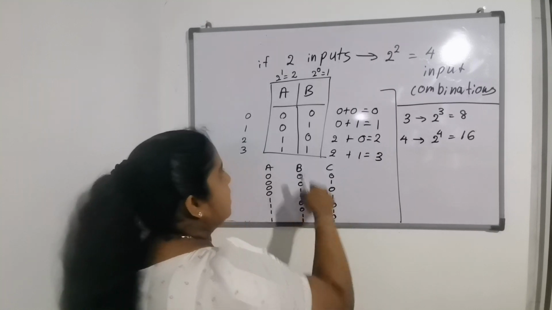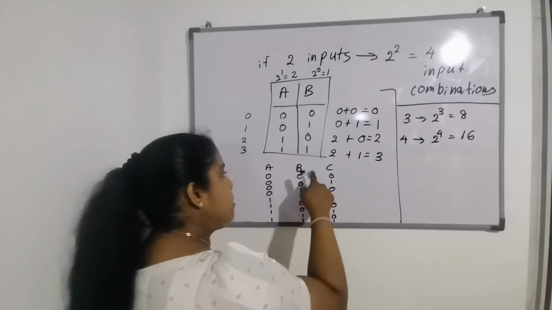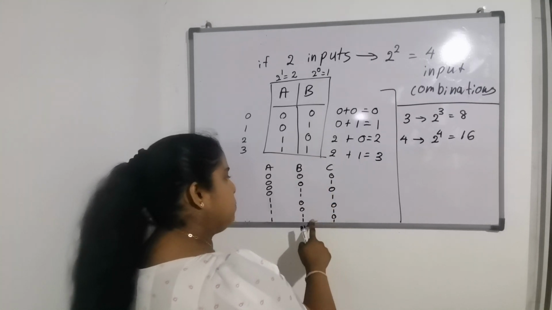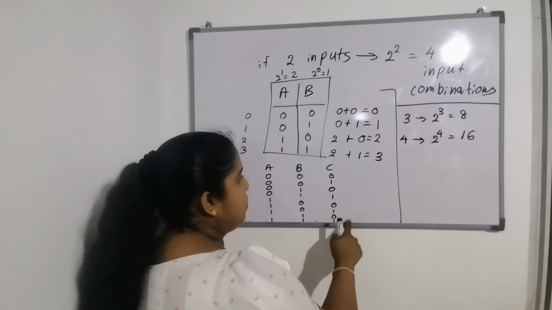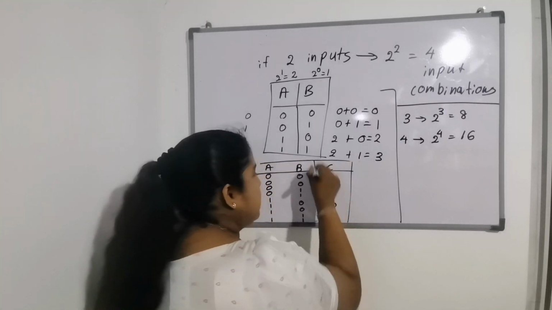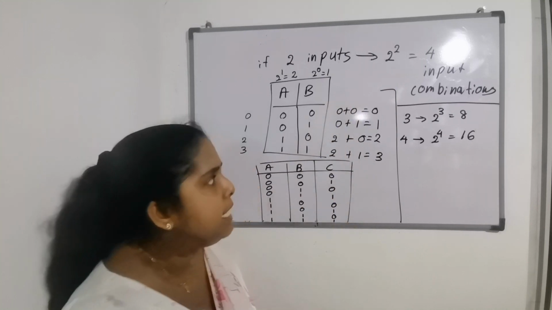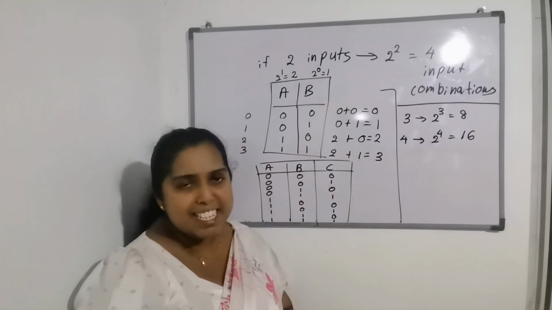So use the pattern: 4 zeros, 4 ones; 2 zeros, 2 ones, 2 zeros, 2 ones; 0, 1, 0, 1, 0, 1, 0, 1. You can remember the pattern, and please understand the logic behind the input combinations. Then you can easily get this.